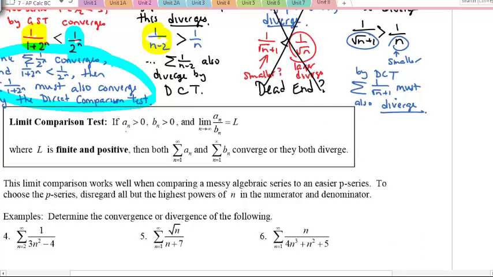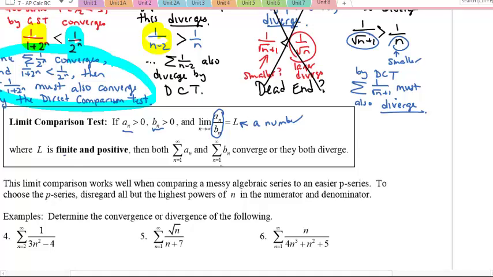If you've got terms of a series that are always positive, and another series that also its terms are always positive, and if you take the limit comparing the two as a ratio, and that limit equals L, a number that's of course finite and positive, then both the A sub n series and the B sub n series converge, or they both diverge.